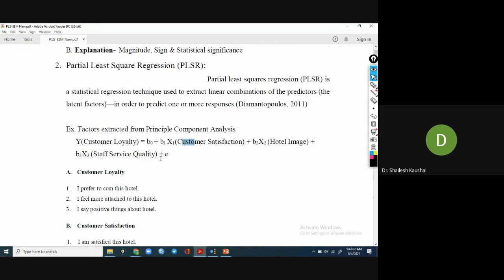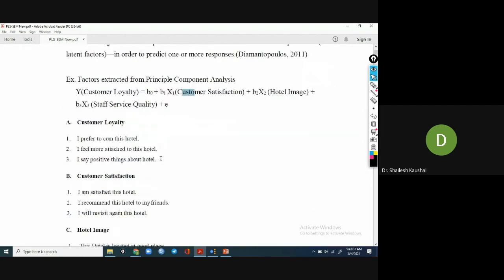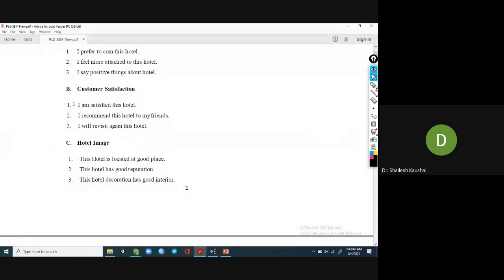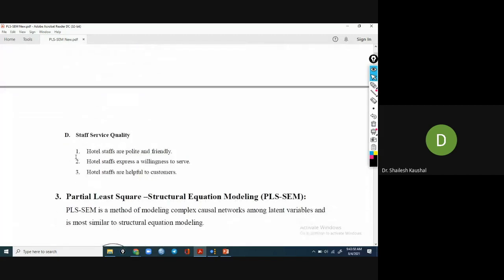Each factor consists of three questions. Customer loyalty has three questions related to this case study, and likewise three questions for customer satisfaction, hotel image, and staff service quality.